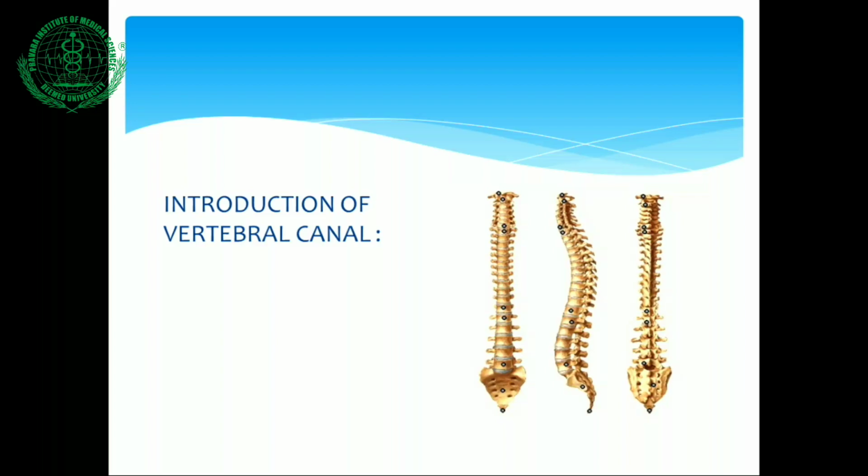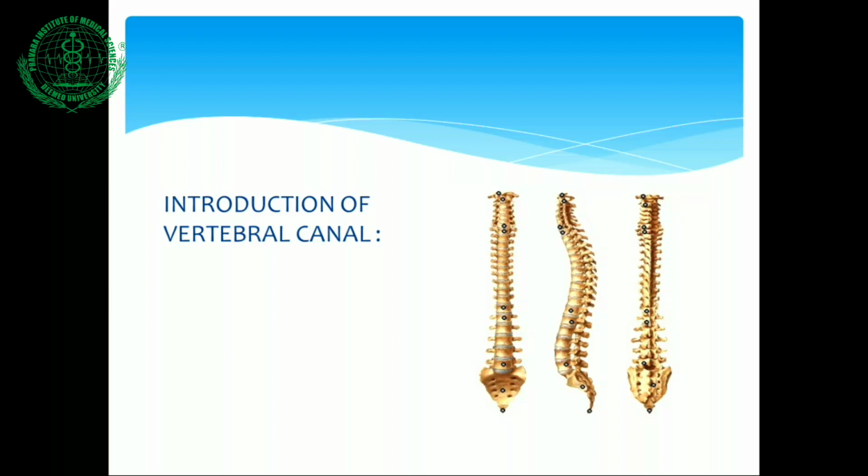Amongst these 33 vertebrae, 7 are cervical, 12 thoracic, 5 lumbar, 5 sacral and 4 coccygeal vertebrae are present.